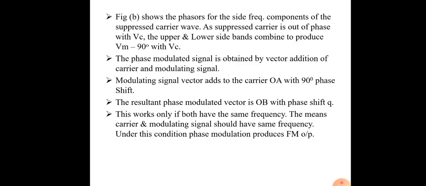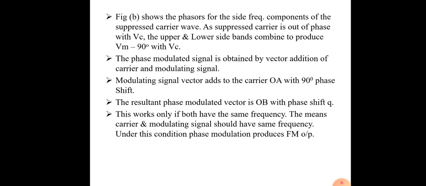The phase modulated signal is obtained by vector addition of carrier and modulating signal. The modulating signal vector adds to the carrier, that means OA representation, which provides the 90-degree phase shift. The resultant phase modulated vector is OP.